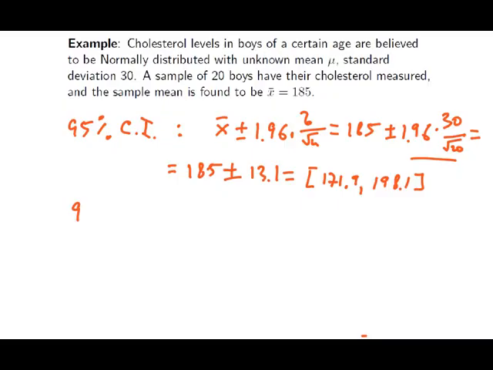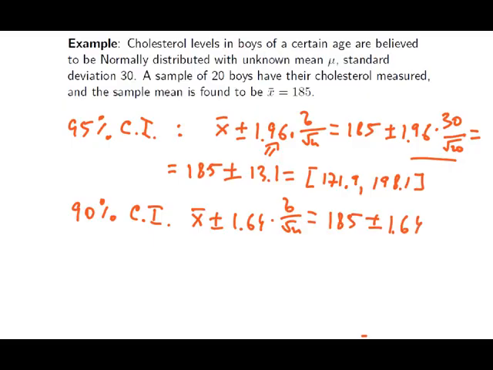We can also find the 90% confidence interval; the only difference is the value of c. So it will be x bar plus minus 1.64 times sigma divided by square root of n, which is 185 plus minus 1.64 times 30 divided by square root of 20, and this is 185 plus minus 11.0.